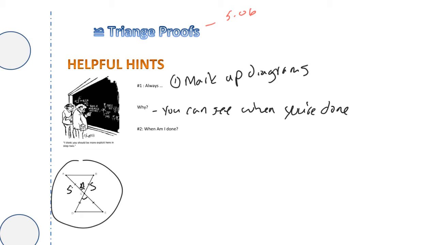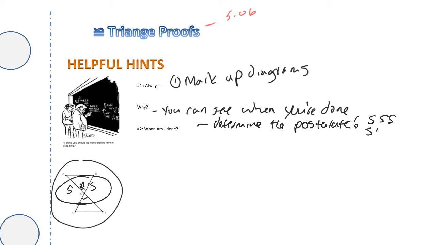And if I didn't mark up the diagram, I'm going to have a really hard time figuring out if it's side, side, side, side, angle, side, or angle, side, angle. So it also helps us determine the postulate, which is like side, side, side, side, angle, side, angle, side, angle, angle, angle, side, and we're going to learn hypotenuse later.